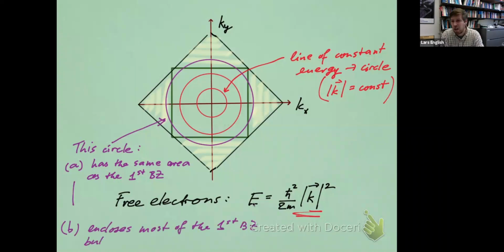The second thing to realize is that this purple circle encloses most of the first Brillouin zone, but also parts of the second Brillouin zone. There are some parts here of the second Brillouin zone that are part of the interior of that circle. Then there are also parts of the first Brillouin zone that fall outside of that circle as well.